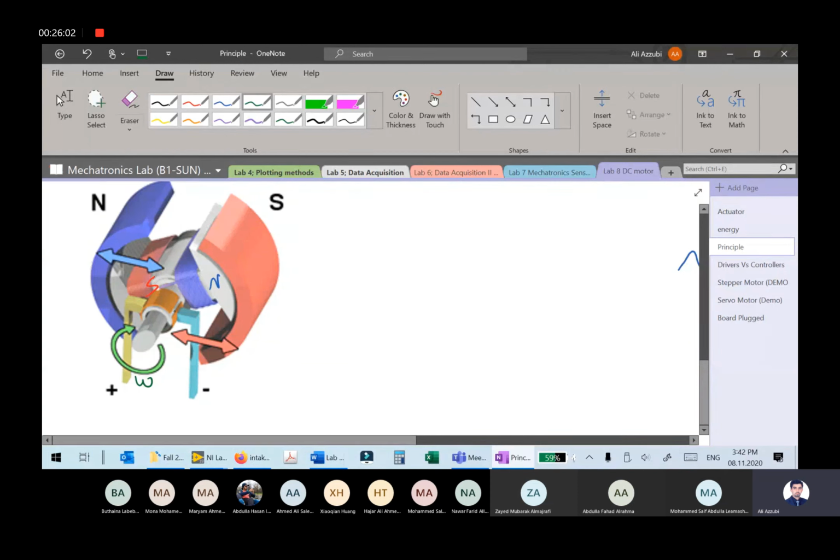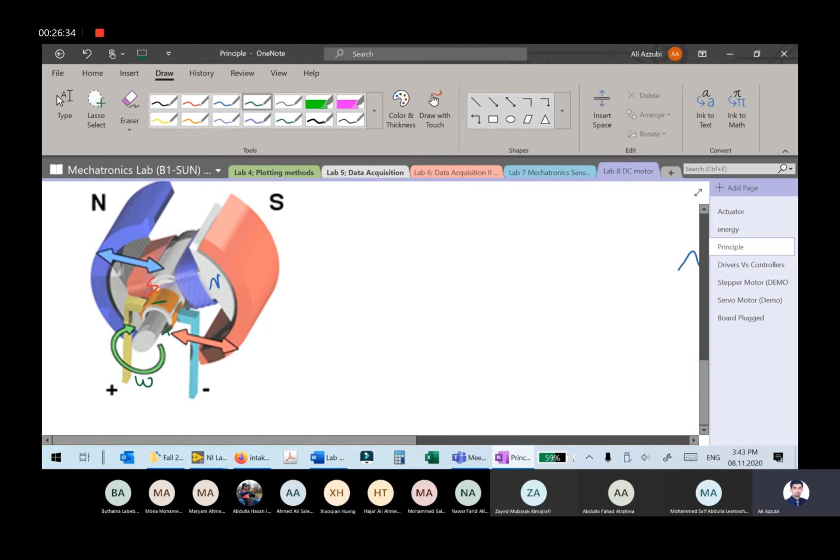Now you see here, in order to overcome this problem and to avoid this location of having south and north attracted to each other, we use what you call a commutator ring. Okay, so at this point here, this conductor, I can see this conductor here, will jump and will be connected to the negative. Now here this has been positive, this ring, and this has been negative.